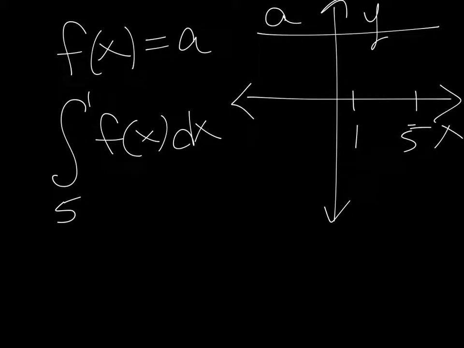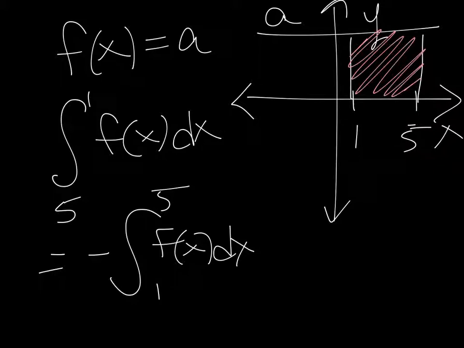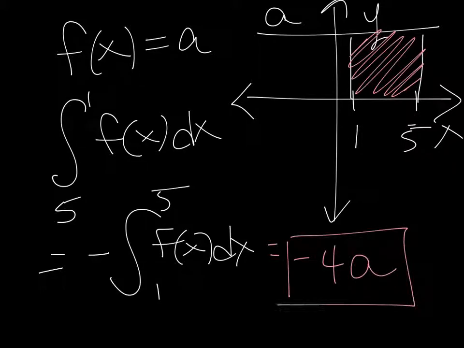Since the limits of integration are given backwards, this is equal to the negative integral from 1 to 5 of f of x dx. So even though this area here is above the x-axis, it still counts as a negative, and that area is negative base times height. The base is 4 and the height is a, and that integral is equal to negative 4a.